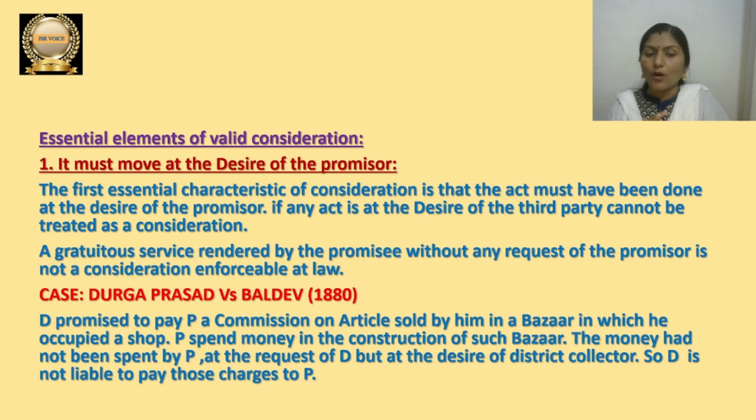What D actually said is that he will pay commission if P sells the article of D. But what P did was spend some money in the construction of such a bazaar. He constructed a bazaar, spent money, and said, I spent money, so I'm going to sell your article now.